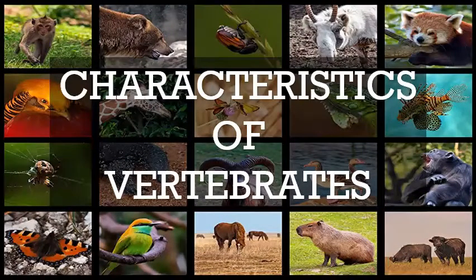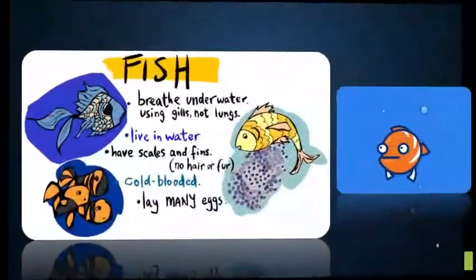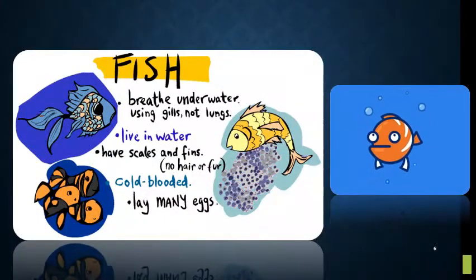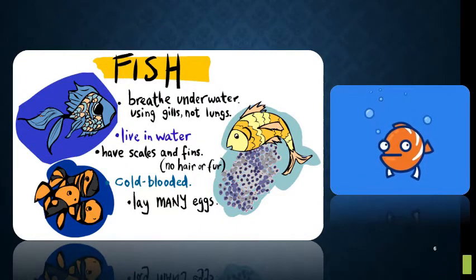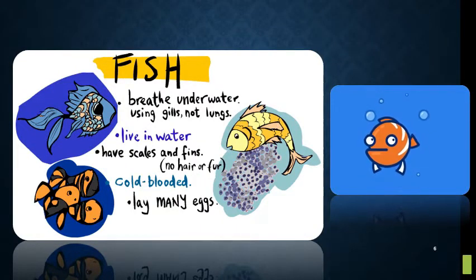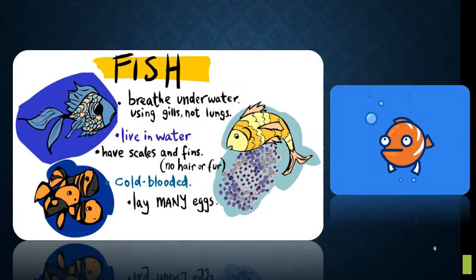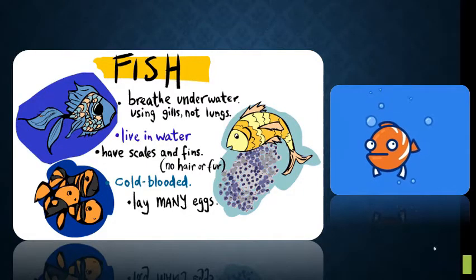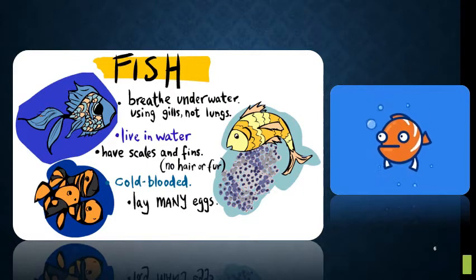Now, we are going to learn about the characteristics of the vertebrates, kids. What would be the characteristics of them? Well, in the first one, we have the fish. And what happened with the fish? As you know, they breathe underwater and they use gills, not lungs.